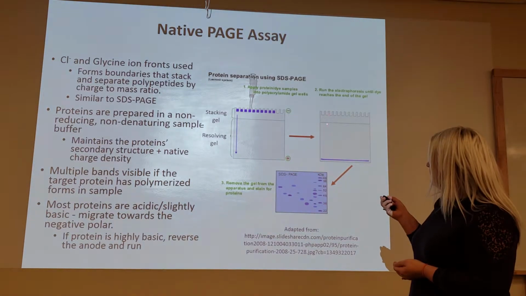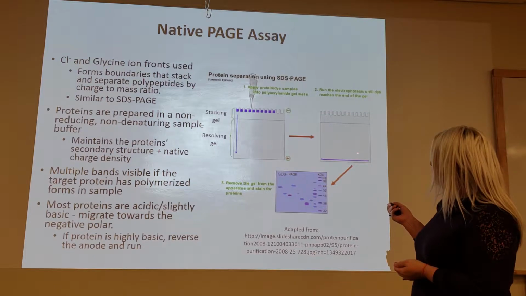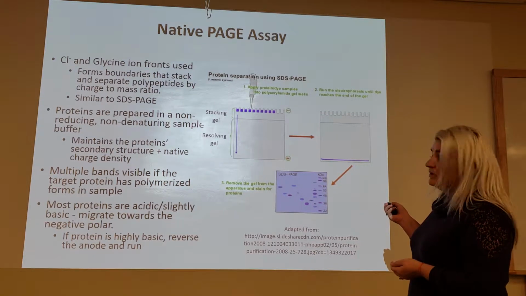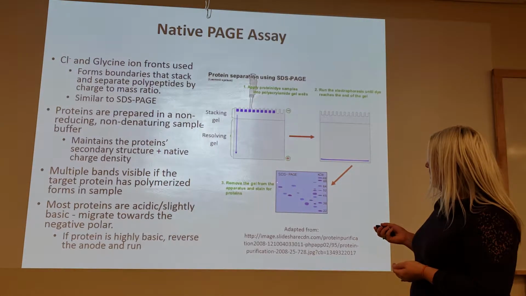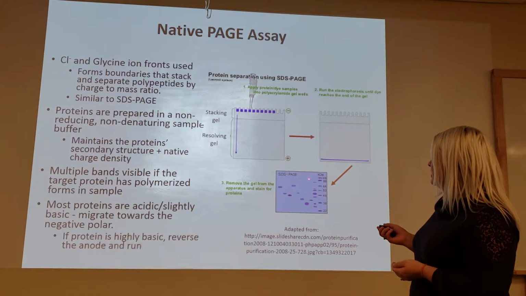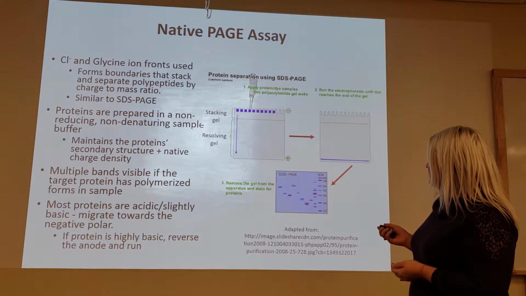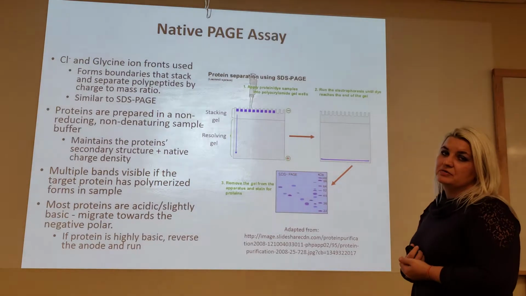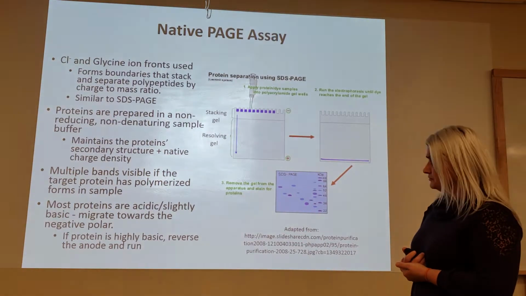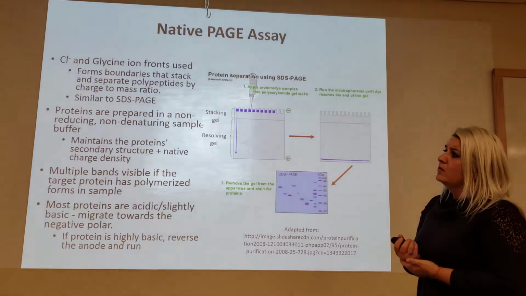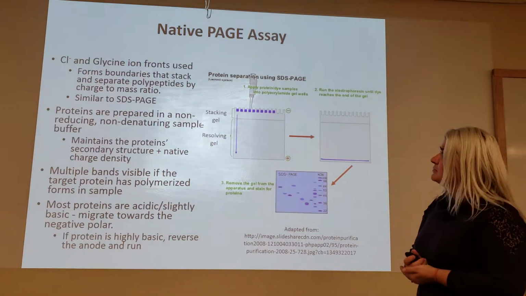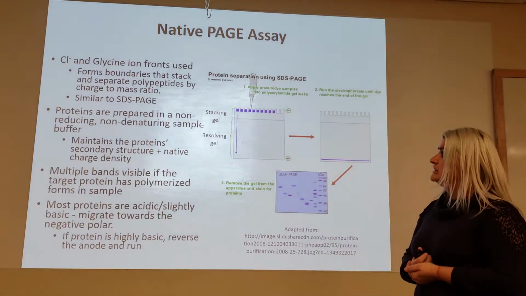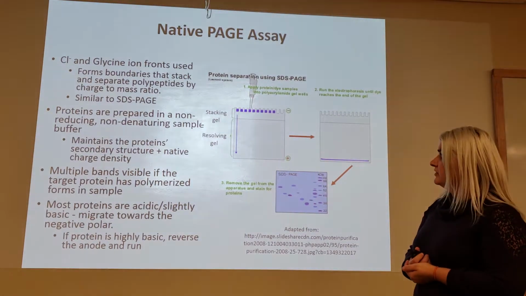It is then run until the dye reaches the bottom. And then once the dye reaches the bottom, the gel is removed and stained so you can then visualize your proteins. So using that process, proteins are prepared in a non-reducing, non-denaturing sample buffer.